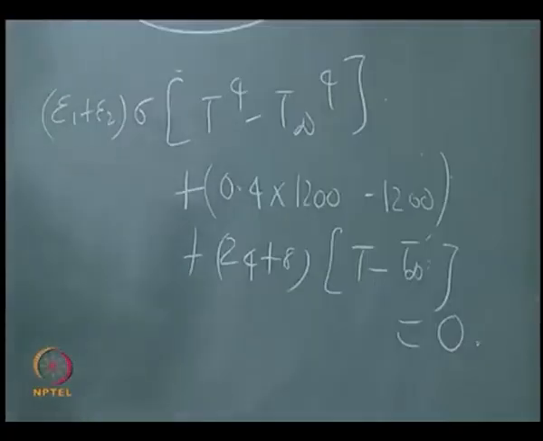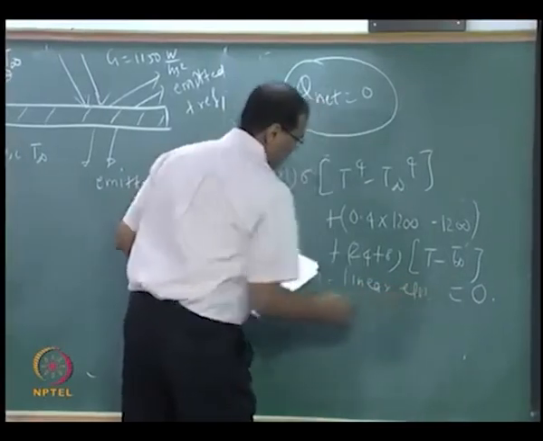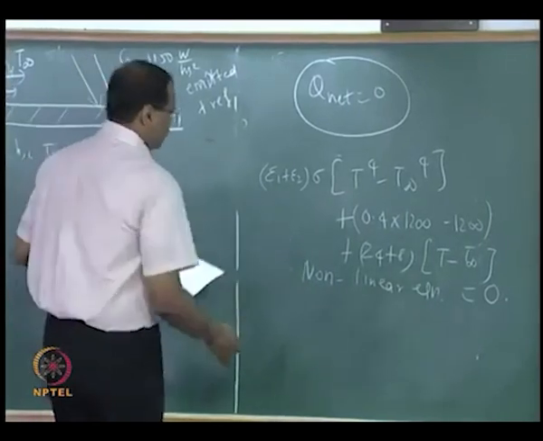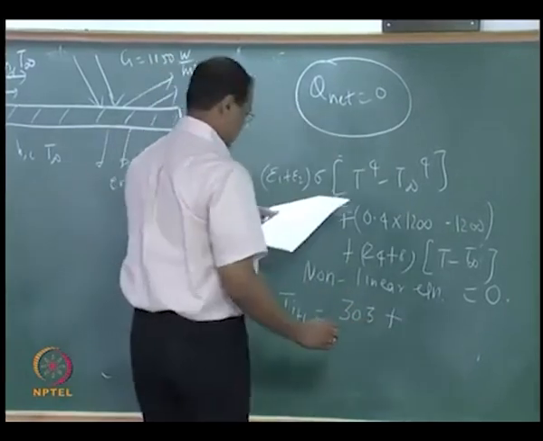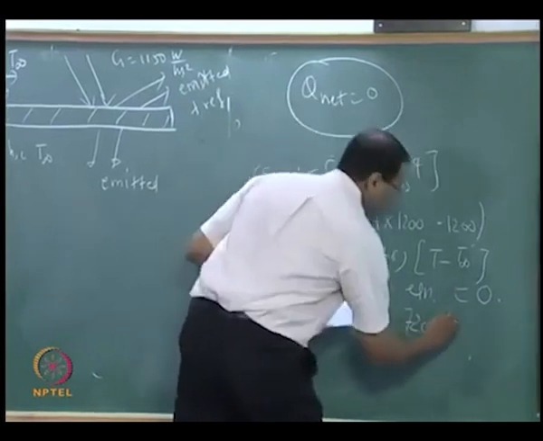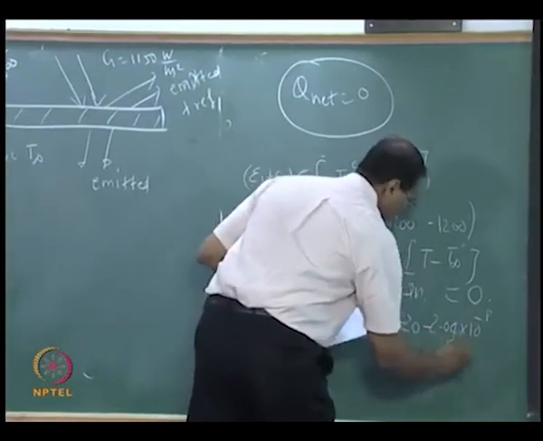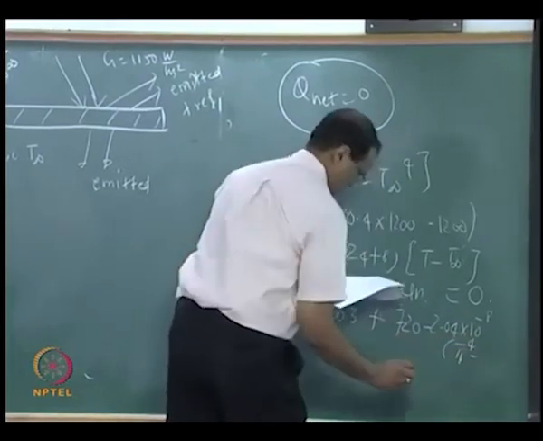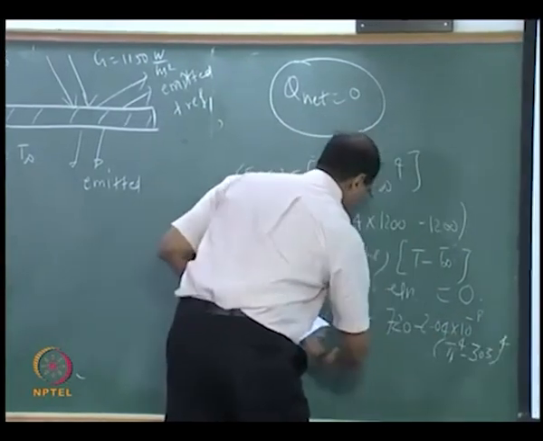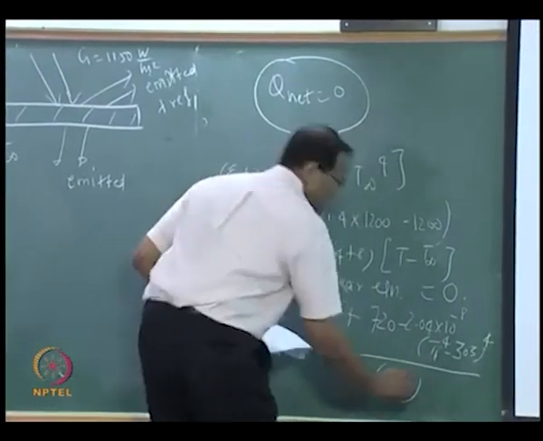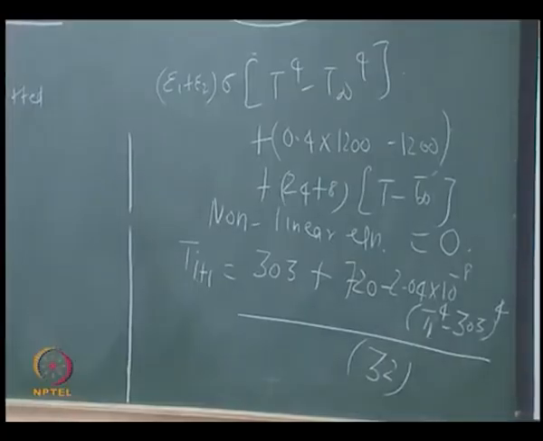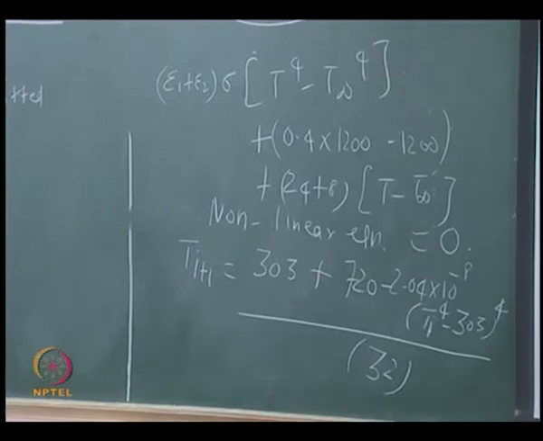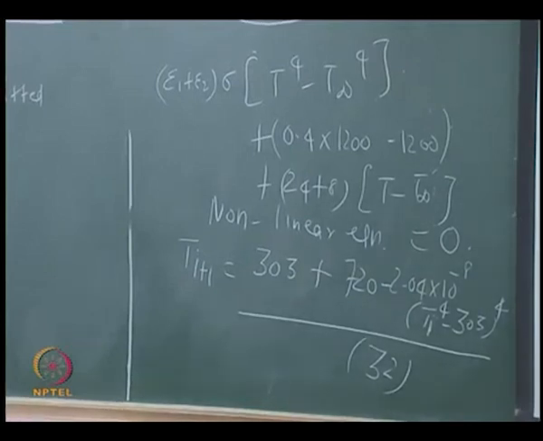Fine. Now this is a nonlinear equation. So T i plus 1 equals... Let us start with Ti equal to 310, so that will drive the right side, so you will have 303 plus 720 minus whatever.